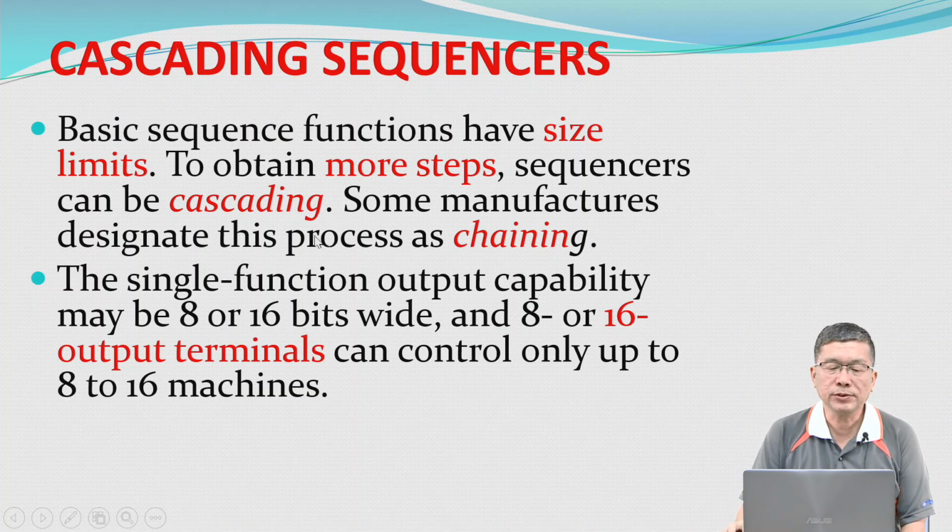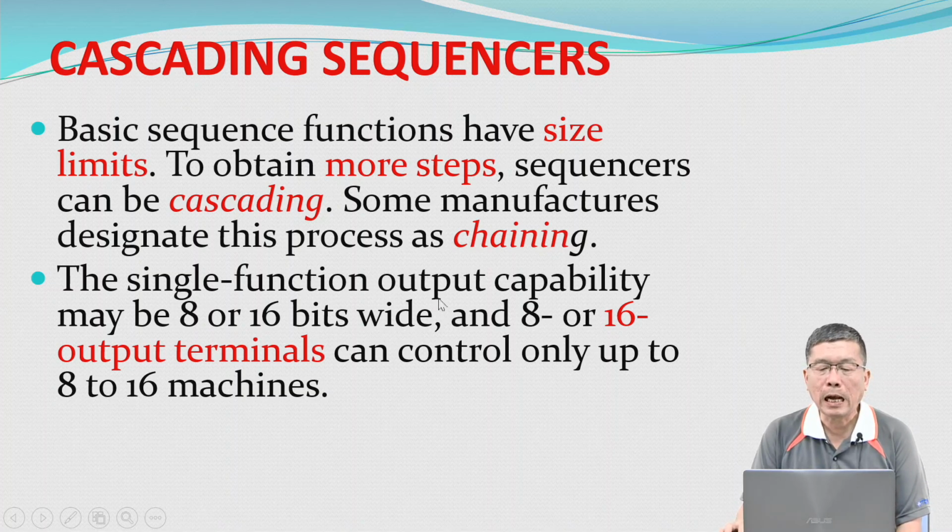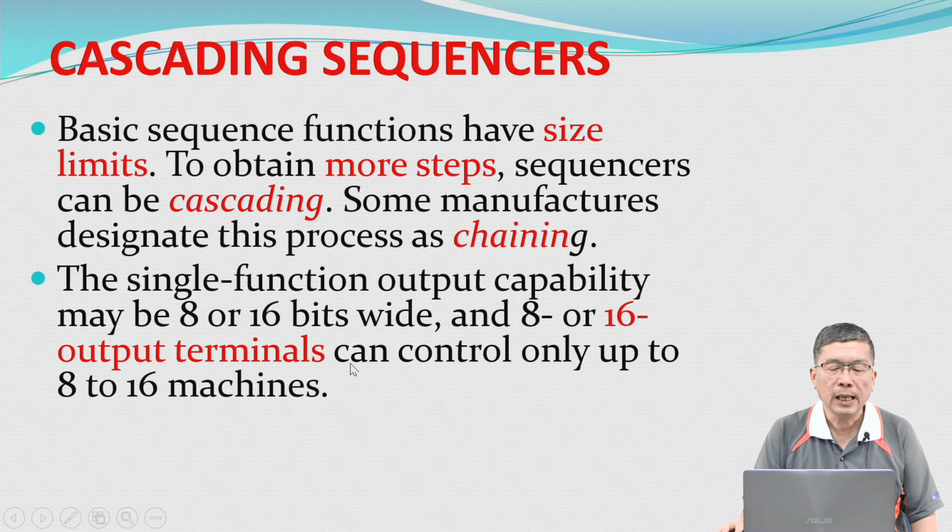Some manufacturers designate this process as chaining. The single function output capability may be 8 or 16 bits wide, and 8 or 16 output terminals can control only up to 8 to 16 machines.